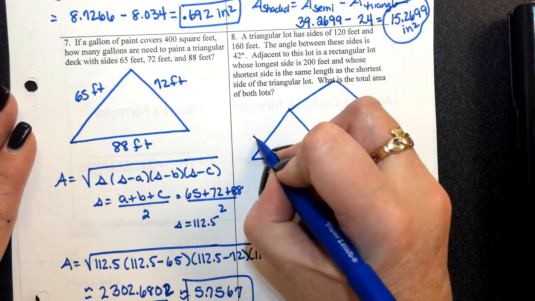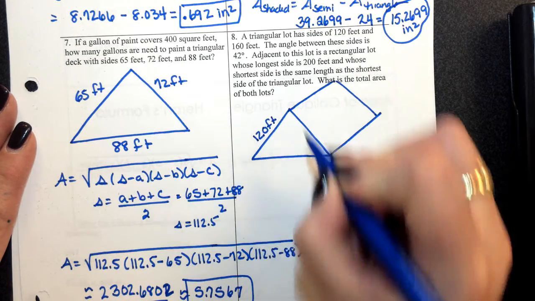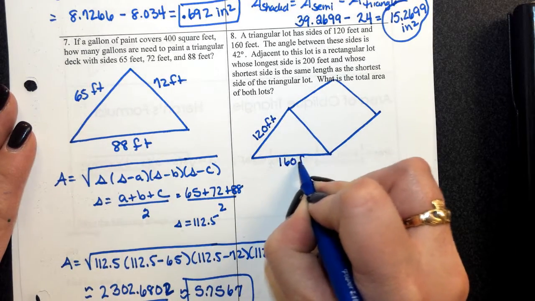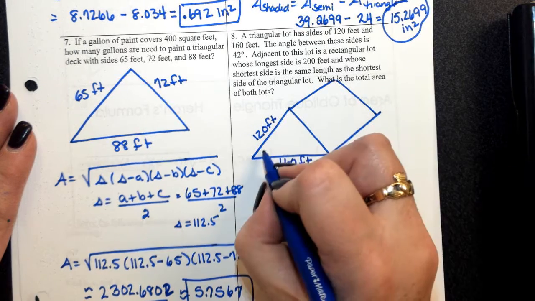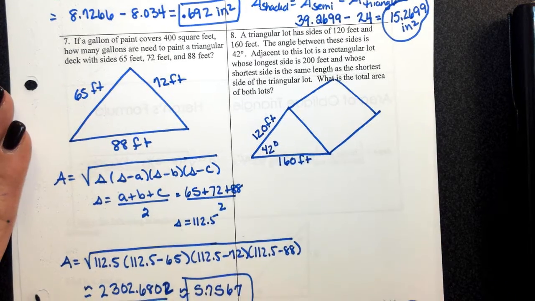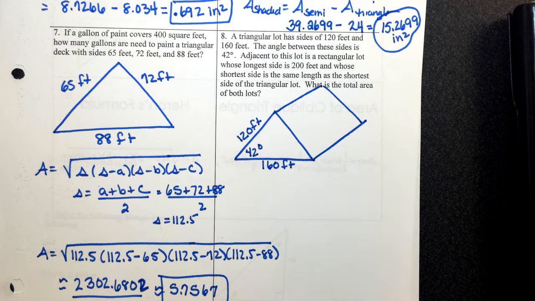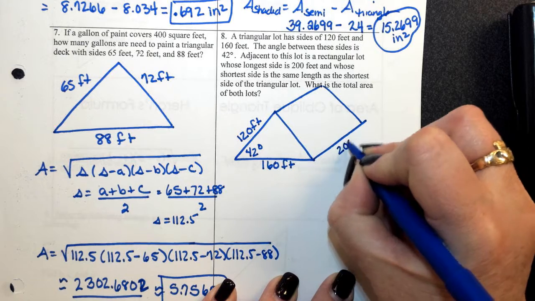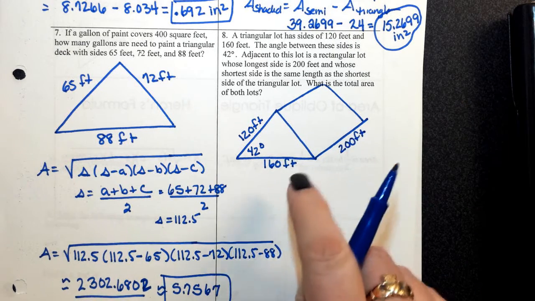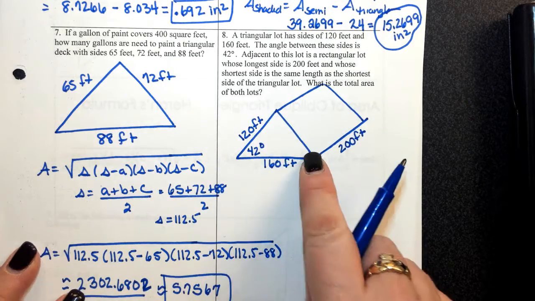So here is my 120 feet. Here is my 160 feet. Here is my 42 degrees. I may have to readjust my picture a little bit because I know I've got a rectangular lot whose longest side is 200 feet and the shortest side is the same length as the triangular lot.